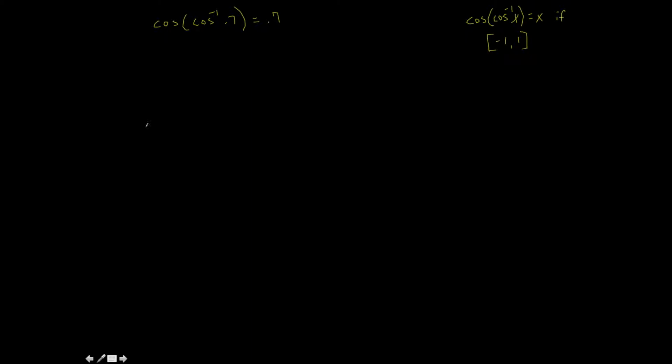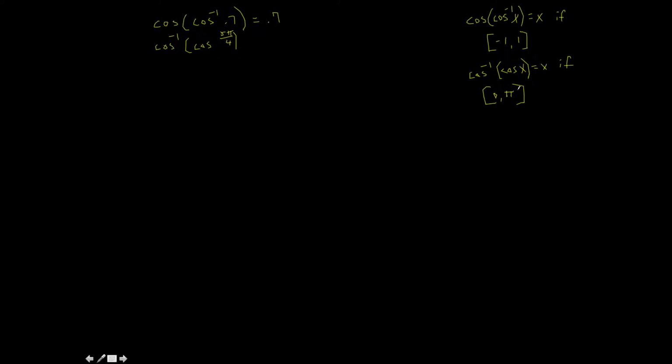Okay? So let's look at this one. Let's look at the inverse cosine of the cosine of 5 pi over 4. Well, remember the rule for this. The inverse cosine of the cosine of x equals x if x is between 0 and pi.